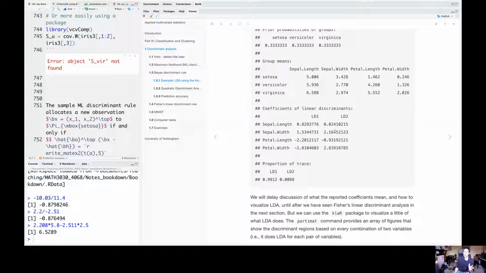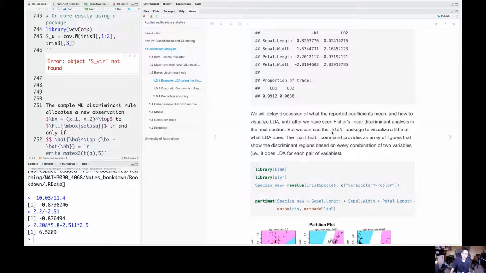Now, I'm going to delay talking about why we get two sets here and what these mean until the next section of this chapter, where we'll talk about Fisher's linear discriminant analysis, and we'll explain what these mean there. Okay. We'll also think better about how to visualize linear discriminant analysis once we've seen the material in that section.